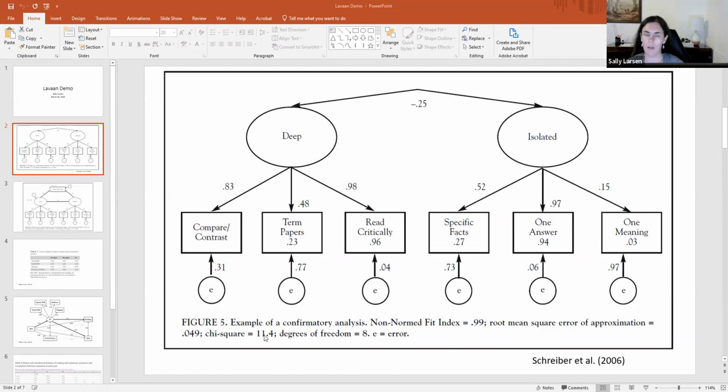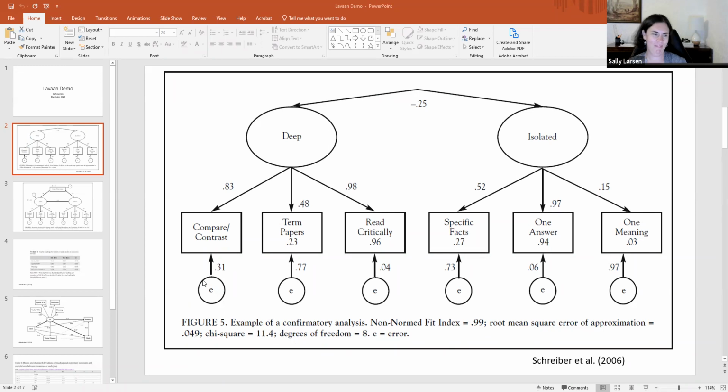Our chi-square was 12 point something with 8 degrees of freedom. Theirs is 11.4, 8 degrees of freedom. That bouncing around is just if there's missing data somewhere that's not captured by the way that we're doing this, just as an example. The RMSEA is 0.049, and I think that's pretty much what the RMSEA was.